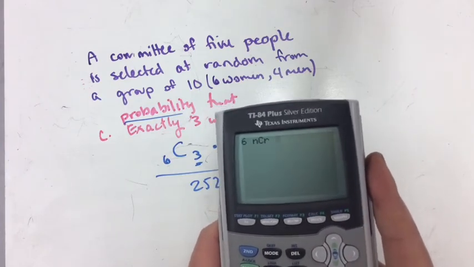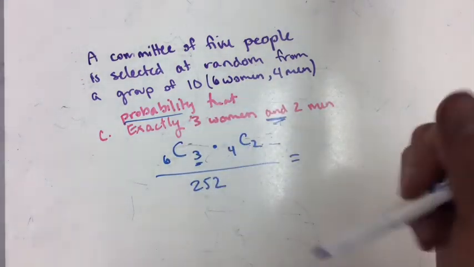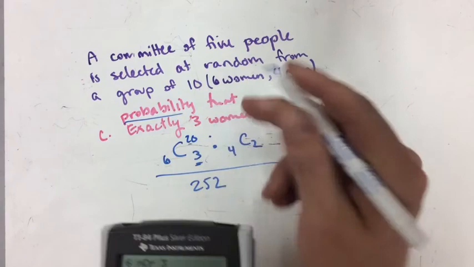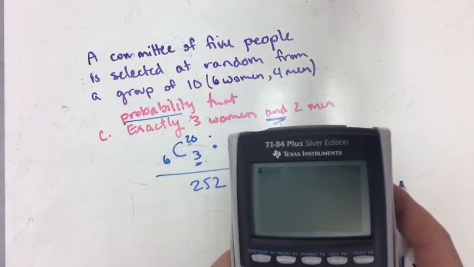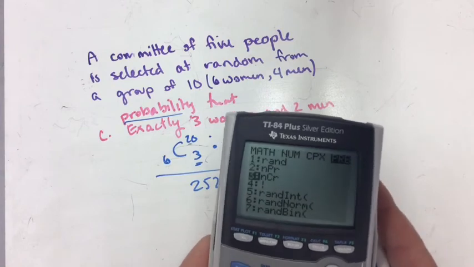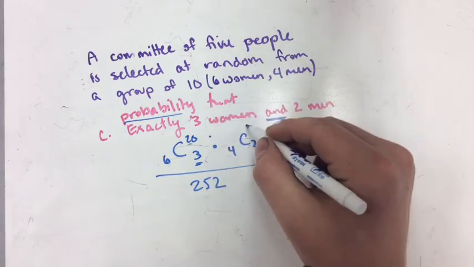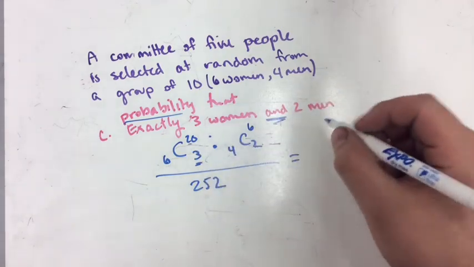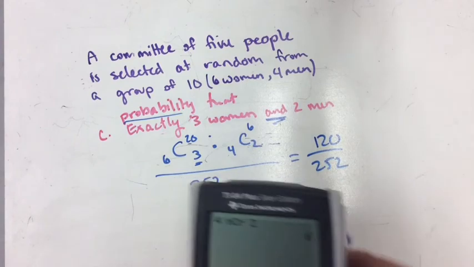Type that in, type 3, hit enter. That gives you 20. So this is 20 times 4 choose 2, which gives you 6. 20 times 6 is 120. Divided by 252.